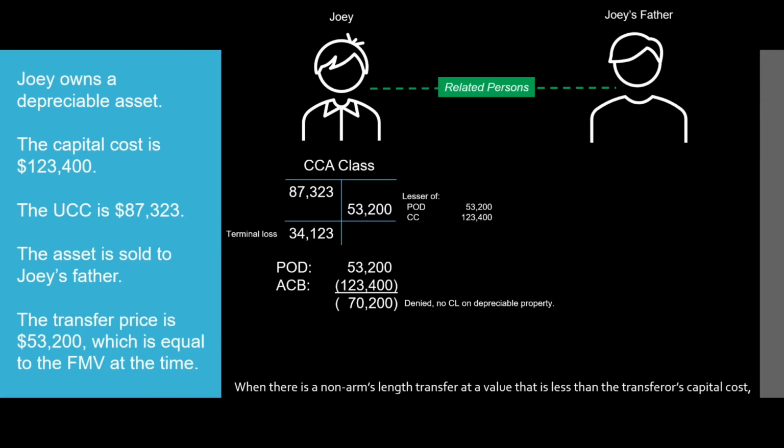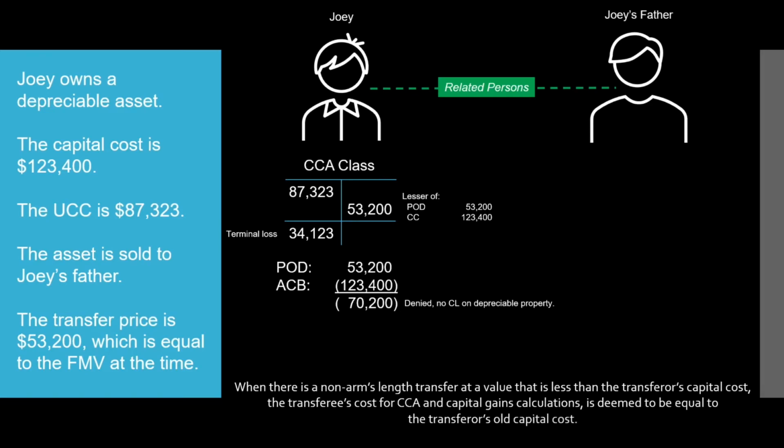The transferee's cost, Joey's father, the transferee's cost for CCA and capital gain calculations is deemed to be equal to the transferor's old capital cost. This means the capital cost for Joey's father is $123,400.